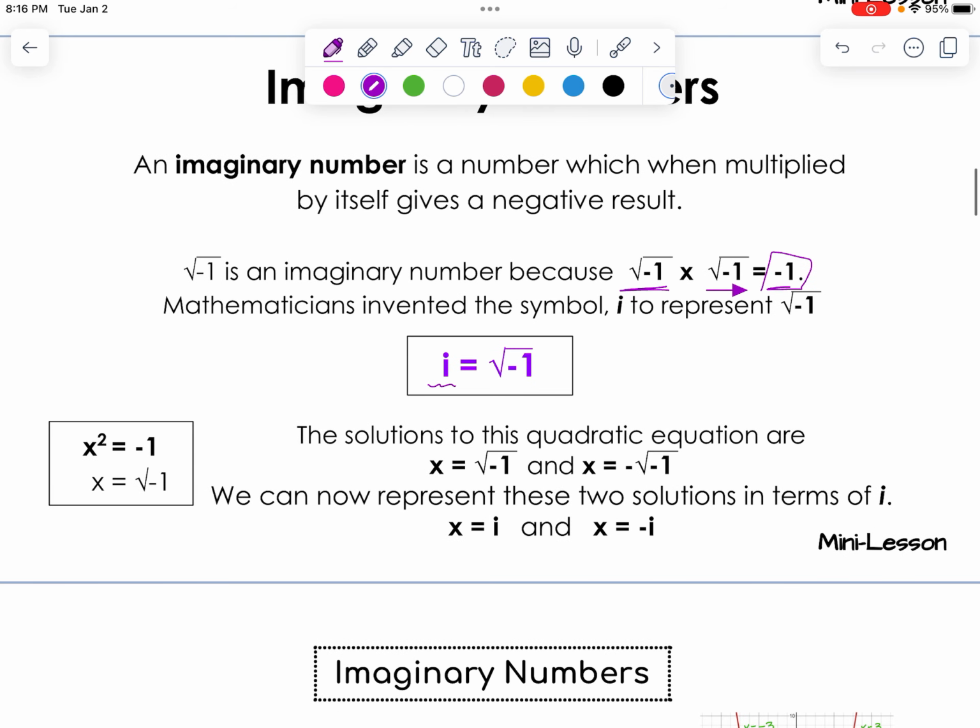So anytime you see a square root of -1, you can simplify that to i. So where earlier we would have gotten the solution plus or minus square root of -1, now we see that x squared equals -1. Really, our solution is i and -i.